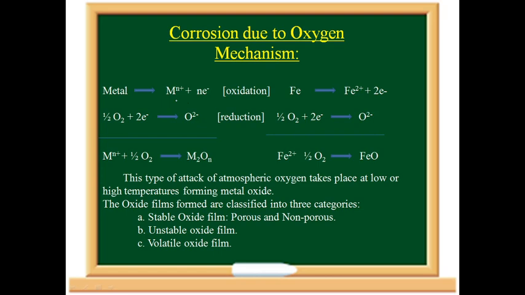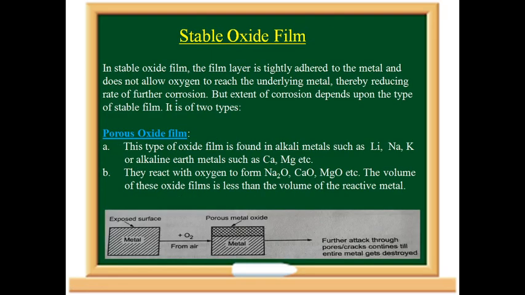Now the first one is the stable oxide film. Stable oxide film, as the name itself tells us, means the oxide film which is formed is stable. Stable means the film will remain on the underlying metallic surface.